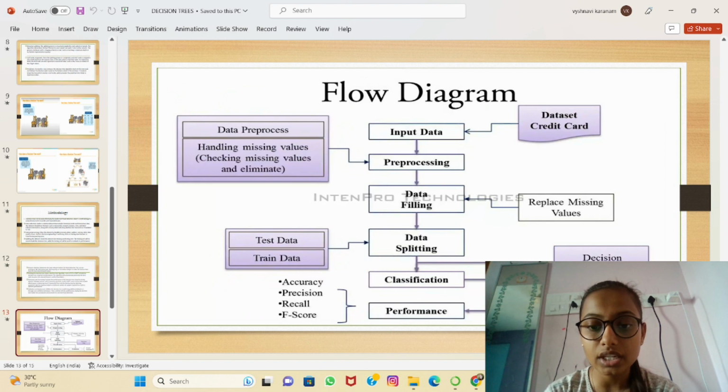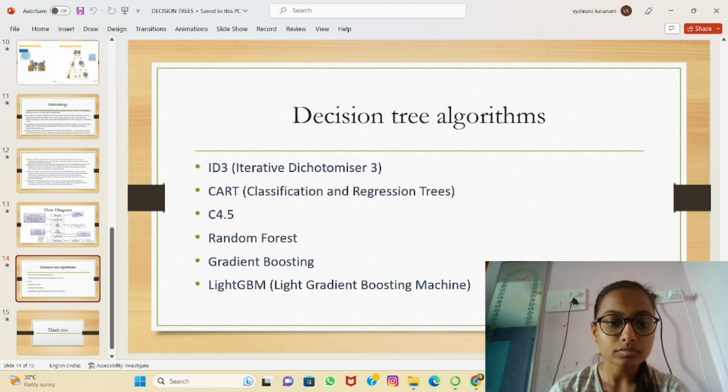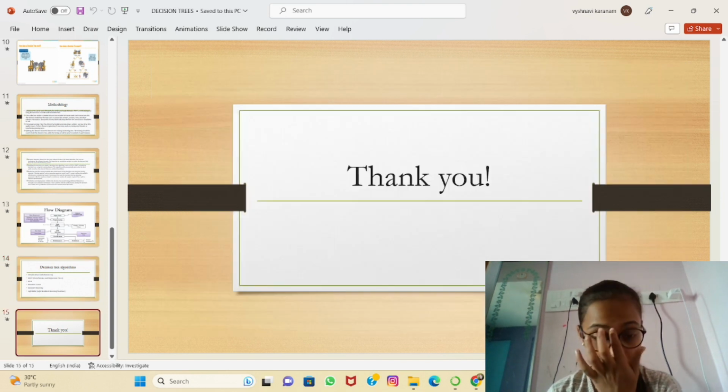Now we are going to give that data to the decision tree, and by classifying it, it is going to predict if it is fraud or genuine. The decision tree algorithms are as follows: ID3, CART, C4.5, random forest, gradient boosting, LightGBM.